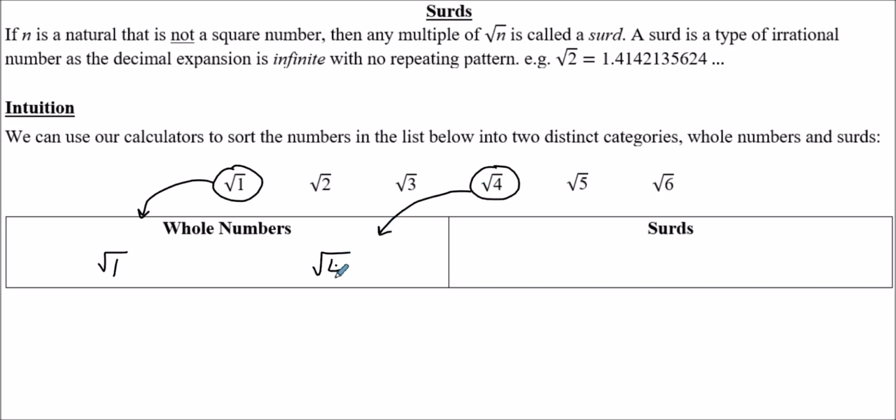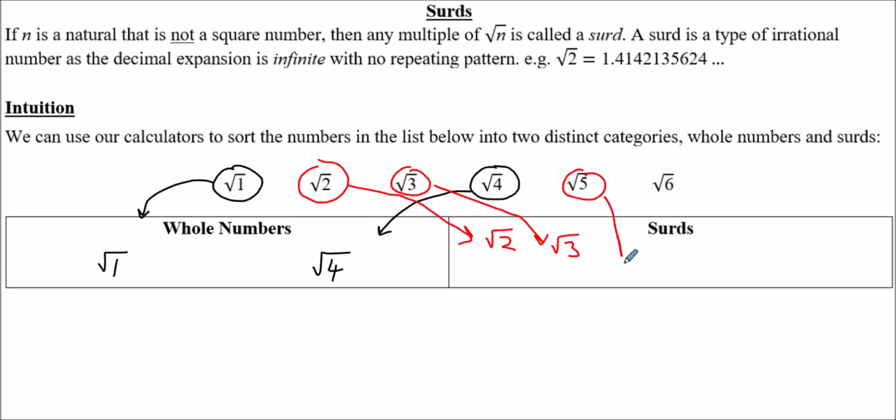That's what we'd expect from this definition: if n is a square number, it's not a surd. 1 and 4 are square numbers, and so these are not surds. Whereas 2, 3, 5 and 6 are not square numbers, so their square roots are irrational, therefore these are all surds. So root 2 is a surd, root 3 is a surd, and so on. Root 5, and finally root 6.